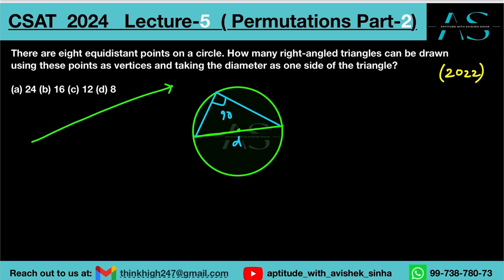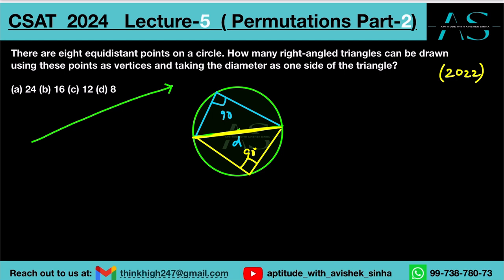Or since you are considering the diameter as one of the sides, you place it here, this is 90 degree. That is the property of triangle. That is, if it is inside a circle and one of the sides is the diameter, the opposite angle to the diameter would be 90 degrees. That is the property of this type.